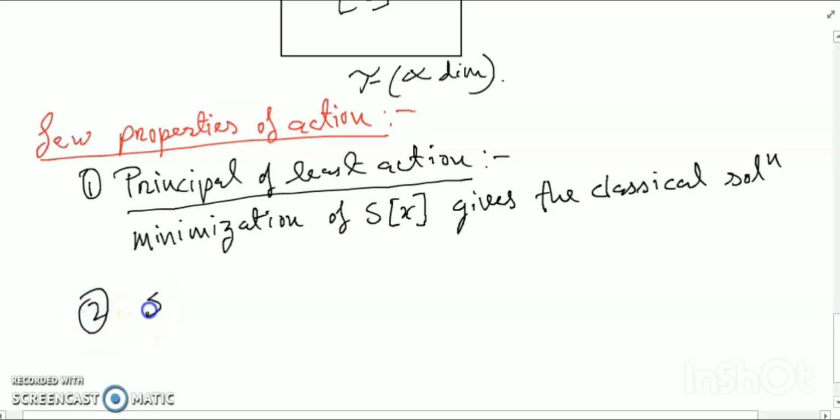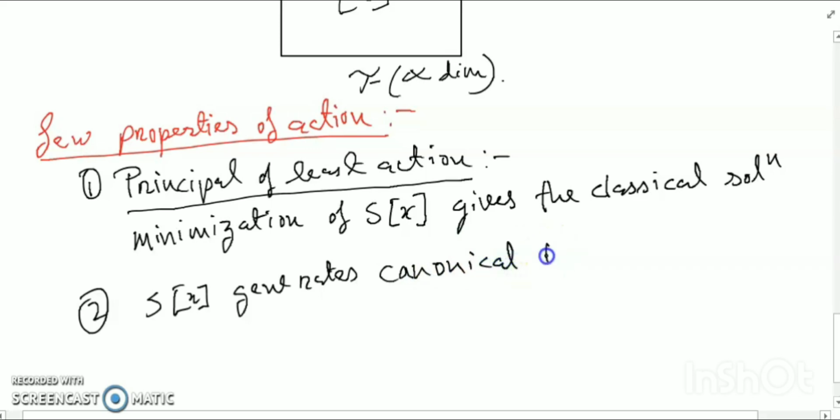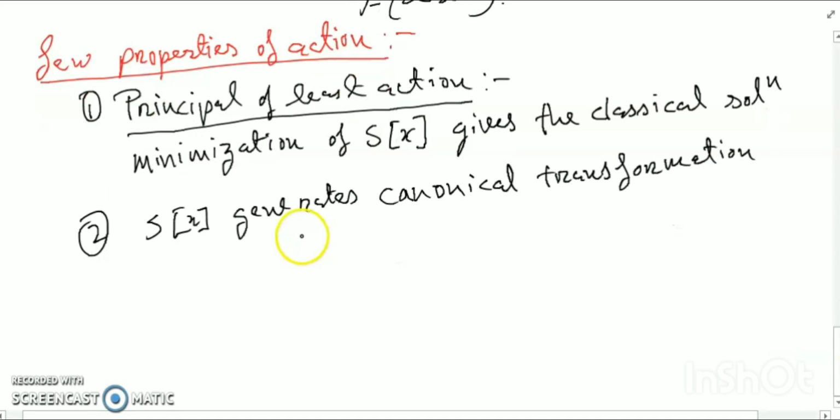Number two property is S[x] generates canonical transformations that take the system from one time to another.